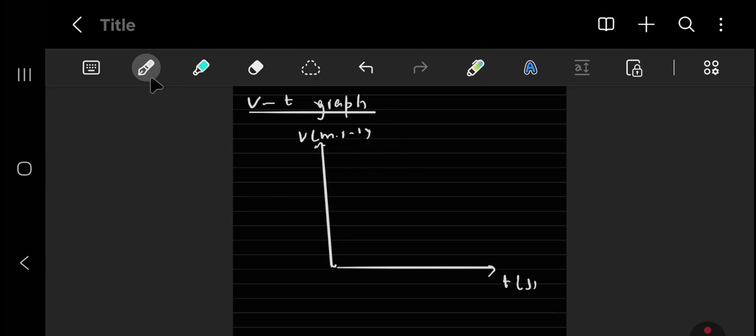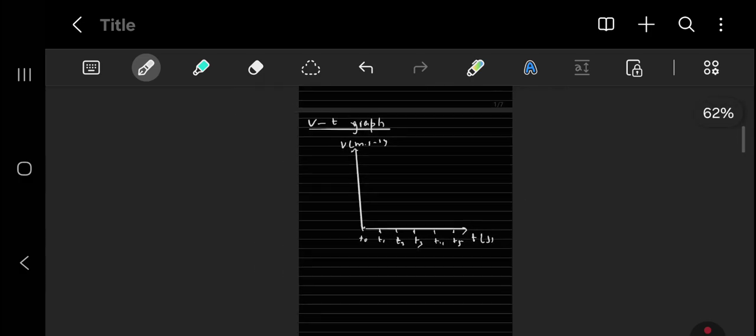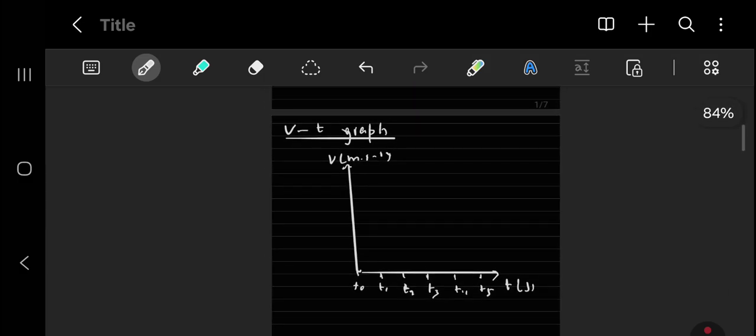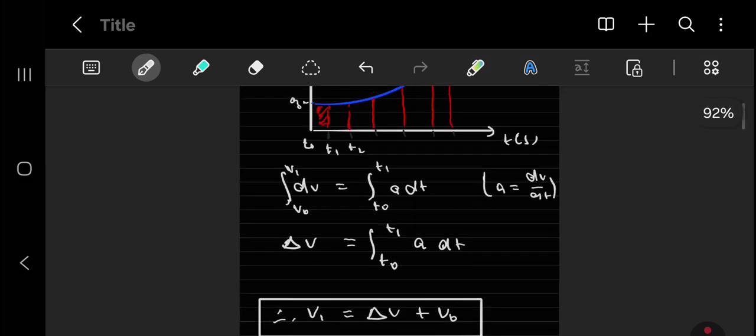So what happens is I can do the same partitions here. This is still my t0, t1, t2, then t3, and so on, right? Then these partitions, I come back there and I look for those values. So remember I said my v1 is equal to this, and then my v2 is going to be change in v plus v1, right? So let's try to do that.